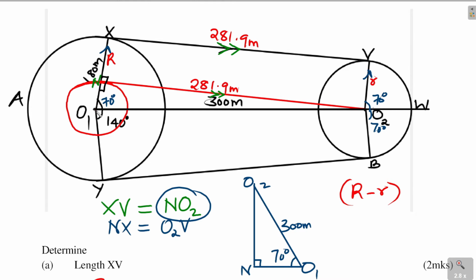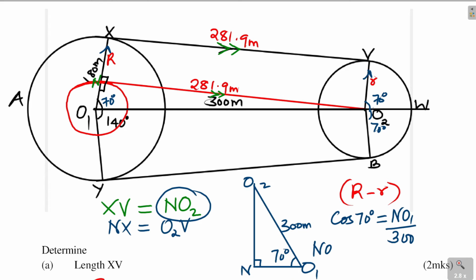To get the radius, we'll first get this length that is here, using this triangle, we can get the length NO1. NO1 is adjacent over hypotenuse, so we can get it using cosine. Cosine of 70 degrees is equal to adjacent, which is NO1, over the hypotenuse, which is 300.